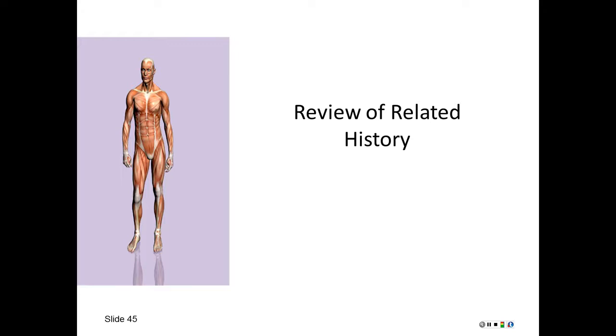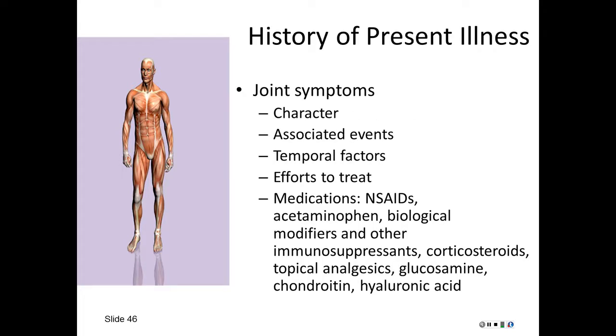So let's talk about the history, because this is the biggest thing you're going to have to do in musculoskeletal assessment. You're going to have to look at the history of the present illness and look at the joints for character-associated events like trauma, temporal factors, and for example, temporal factors is if there was something that the patient was overstressing their joint, they had to move that weekend, so their back and all their biceps and triceps, everything got overused over time.